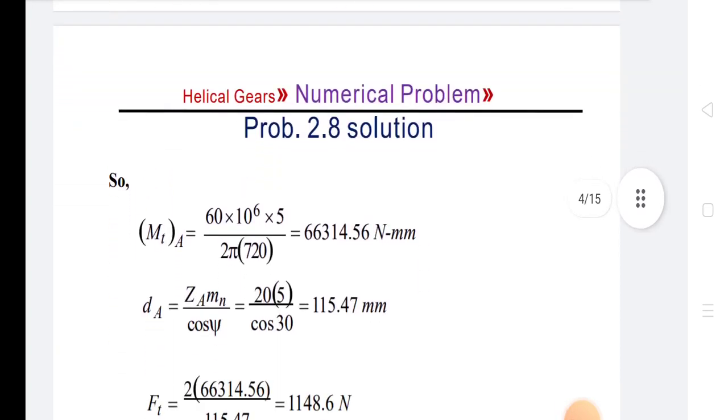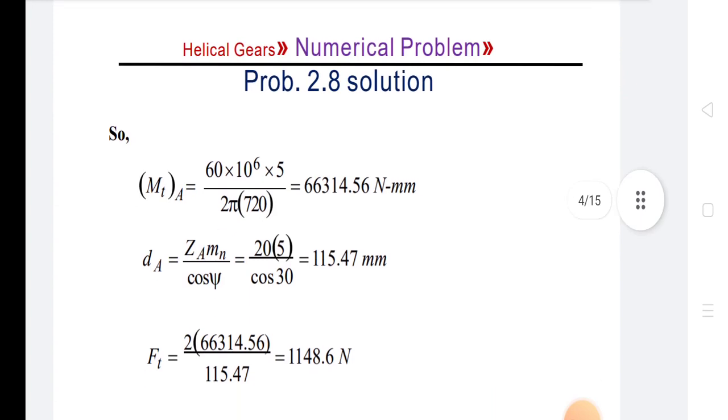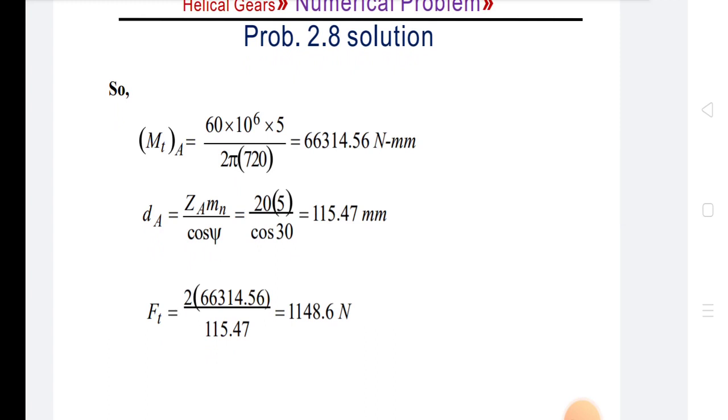So, putting this value, MTA is equal to 66314.56 Newton mm. dA is equal to ZA Mn upon cos psi, that is equal to 20 into 5 upon cos 30, that is equal to 115.47 mm. So, Ft is equal to 2 into 66314.56 upon 115.47, that is equal to 1148.6 Newton.